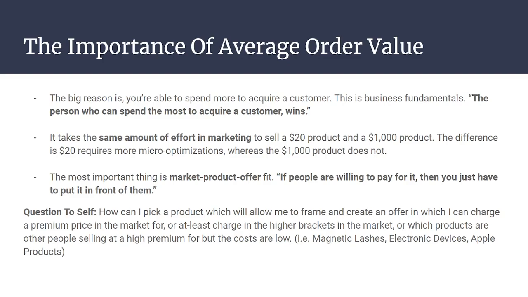Okay. It takes the same amount of effort in marketing to sell a $20 product and a $1,000 product. And this might come as a shock to people. The difference is $20 requires more micro optimizations, whereas the $1,000 product does not. And if you think about it, with your ads, it's all about who is clicking on your ad.